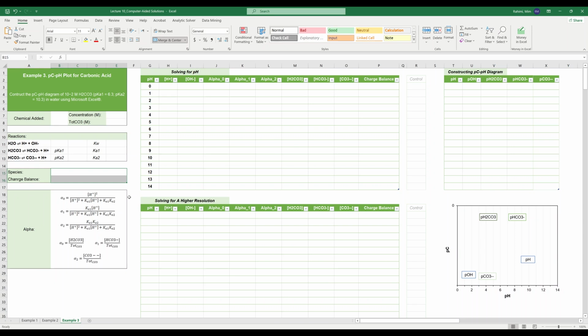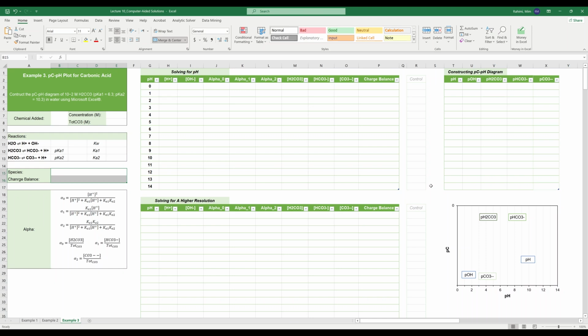We constructed the PC-pH diagram for a carbonic acid system based on the rules we had, for example, when you pass a pKa line, the vertical line, the slope goes down by a unit of 1. Those sorts of rules that we talked about.